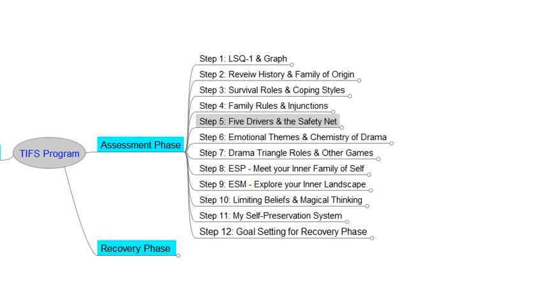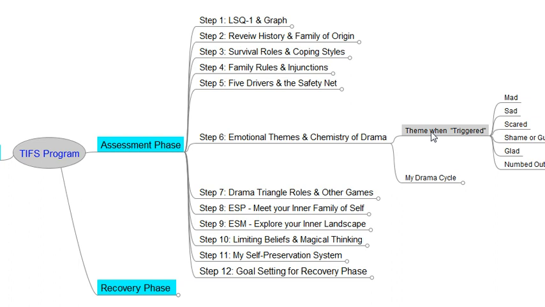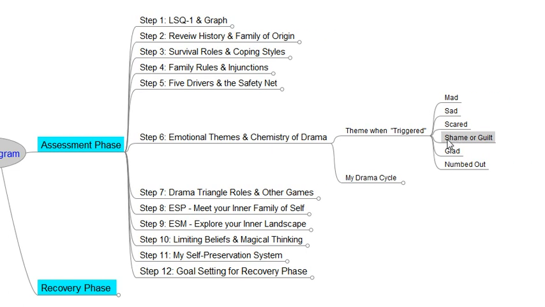And in step 6 of the TIFS program, we need to identify what emotional themes are we familiar with and what's the cycle of drama that we're used to. A theme, when we get triggered, would include an excessive childlike experience of anger or sadness or fear, perhaps a sense of shame or guilt that's excessive, or maybe feeling glad or silly or like a clown, or maybe even numbing out.